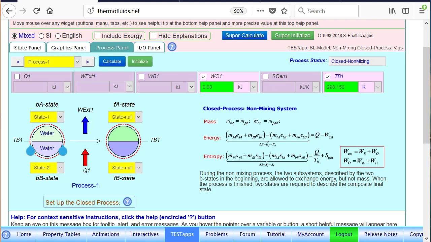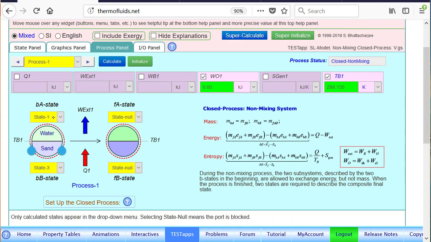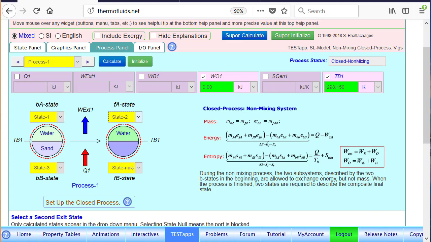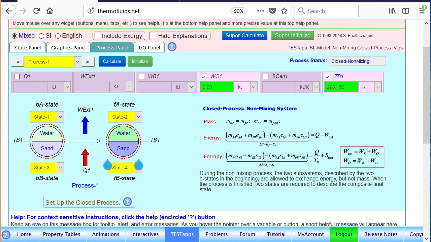So we make sure these are the correctly picked states, these are the subsystems, BA and BB. In the final state, we have the subsystems again, water going from state 1 to state 2, so this has to correspond, and sand going from state 3 to state 4. So the picture kind of helped to set it up.